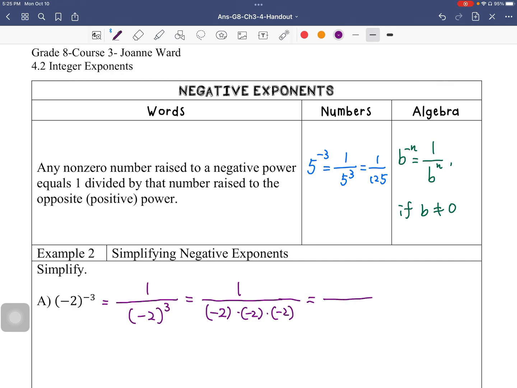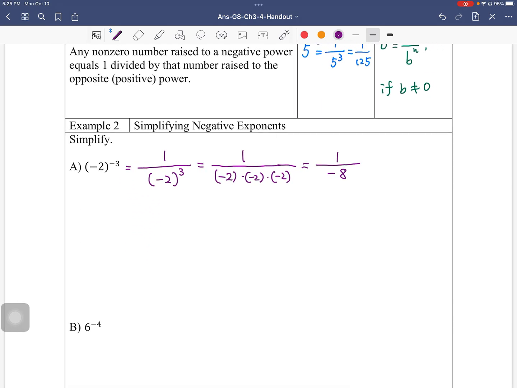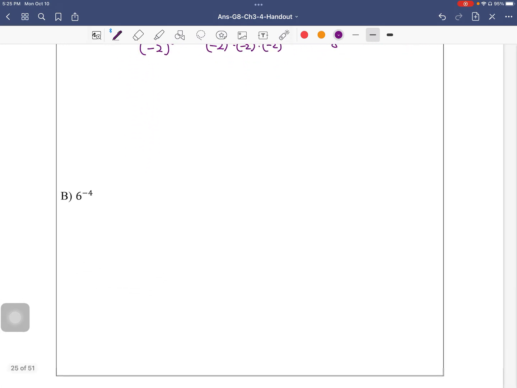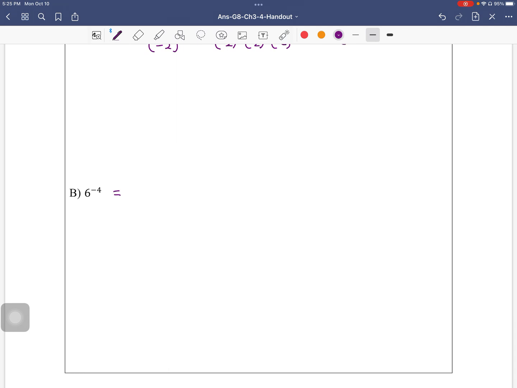So it's 1 over negative 8. So let's just say question B. This is 1 over 6 to the power of 4, which is 1 over 6 times 6 times 6 times 6, which is 1 over 1,296.